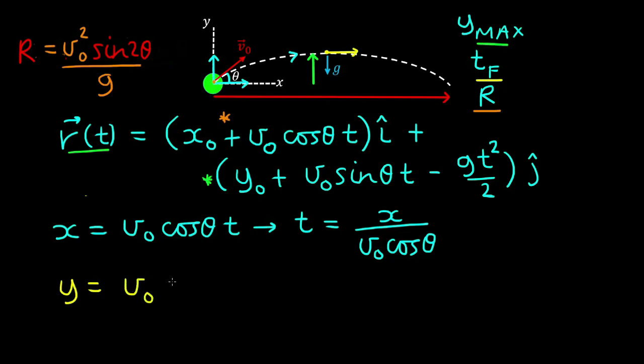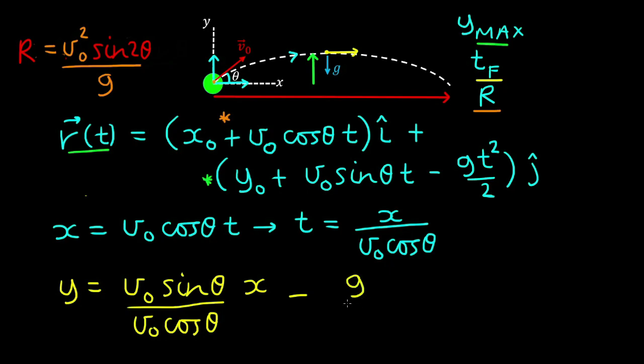So we have v naught sine theta by time t, which is x on v naught cosine theta, and minus g on 2 by t squared, which is x squared on v naught squared cosine squared theta.